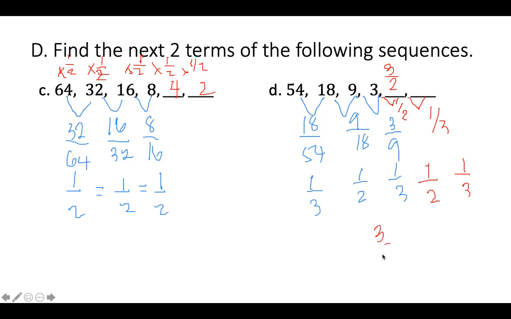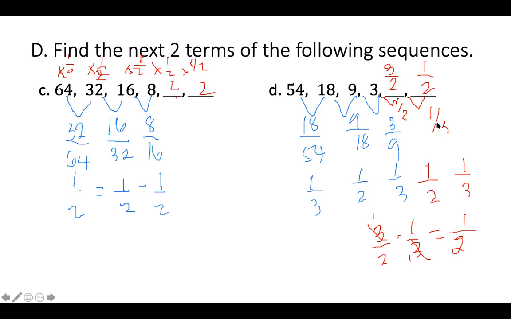So 3/2 times 1/3 is equal to, we can cancel this out. So 1 times 1 is 1, and 2 times 1 is 2. So therefore, this is 1/2. Okay? So this is now our sequence.